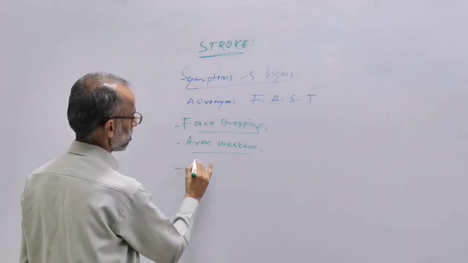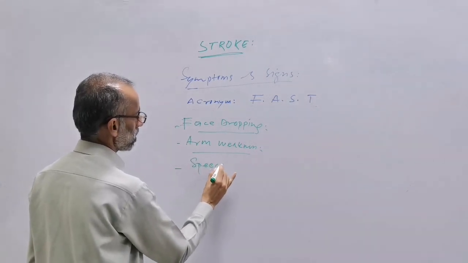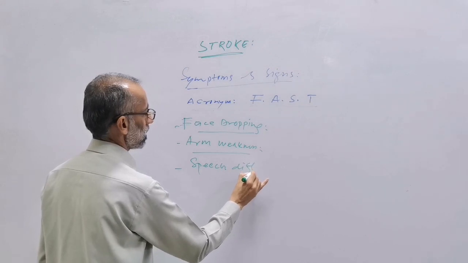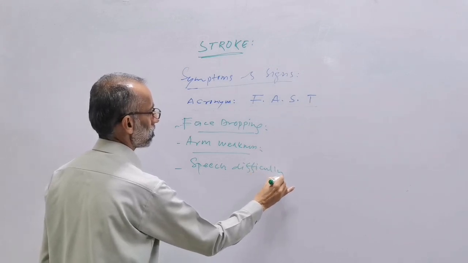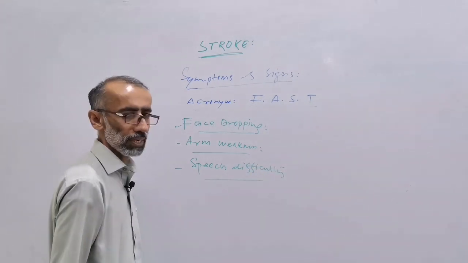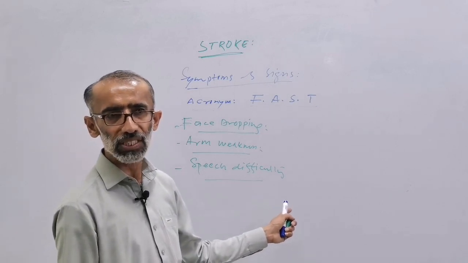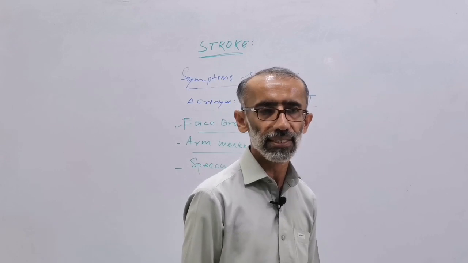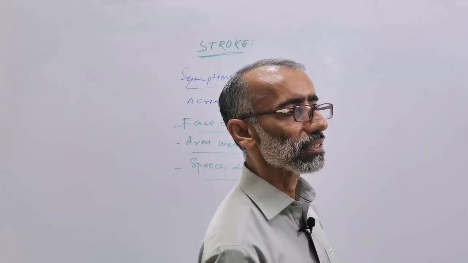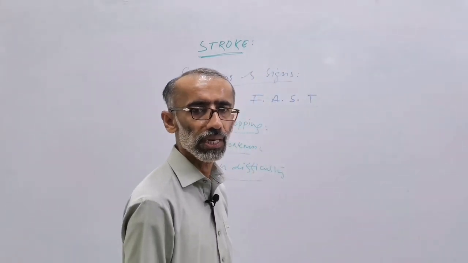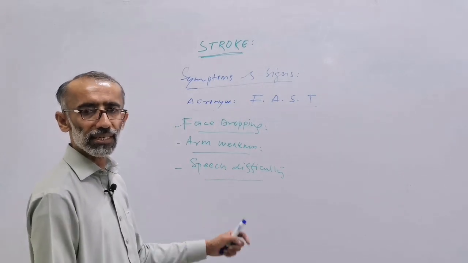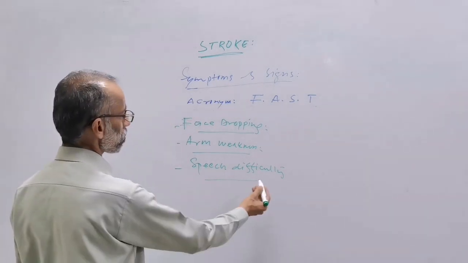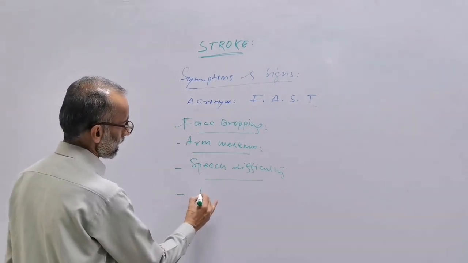S is speech difficulty. The patient may present with speech difficulty. Ask the patient to repeat a particular sentence such as "the sky is blue," and the patient is not able to repeat it due to speech difficulty.